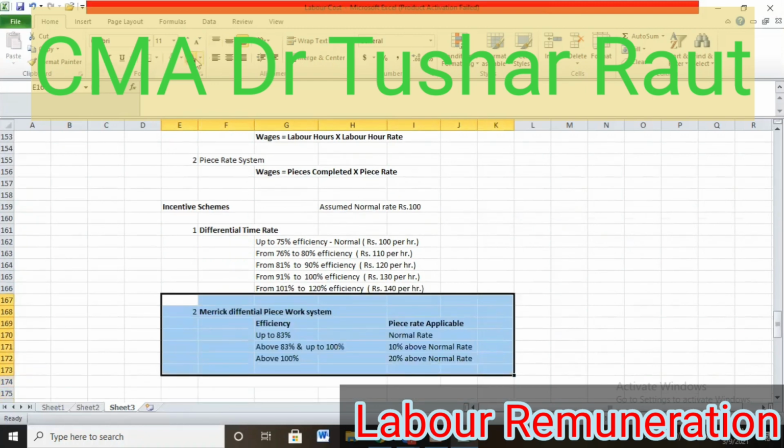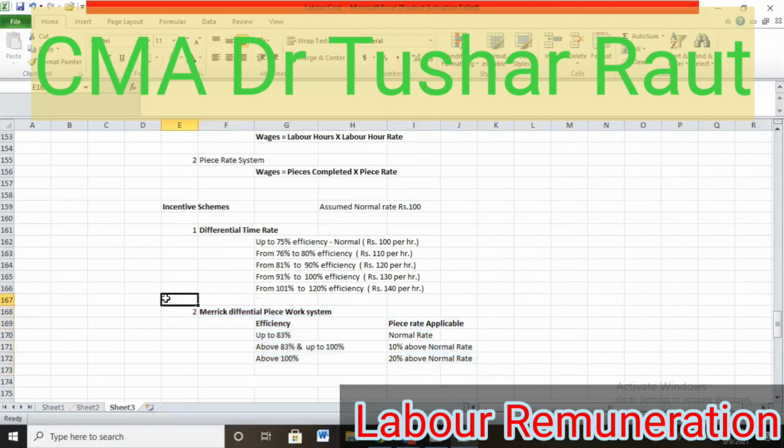Now there were a few thinkers who planned some labor formulas, like Merrick's. Merrick's differential piece rate work system was that he gives the piece rate up to 83%, where he says you should pay the normal rate.